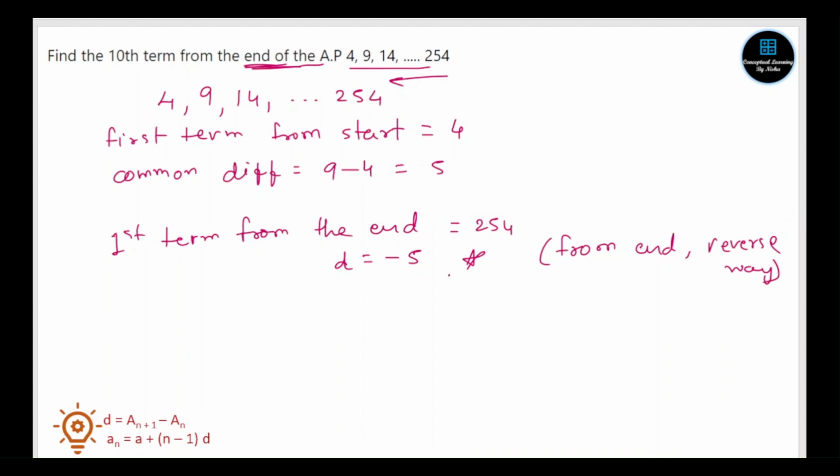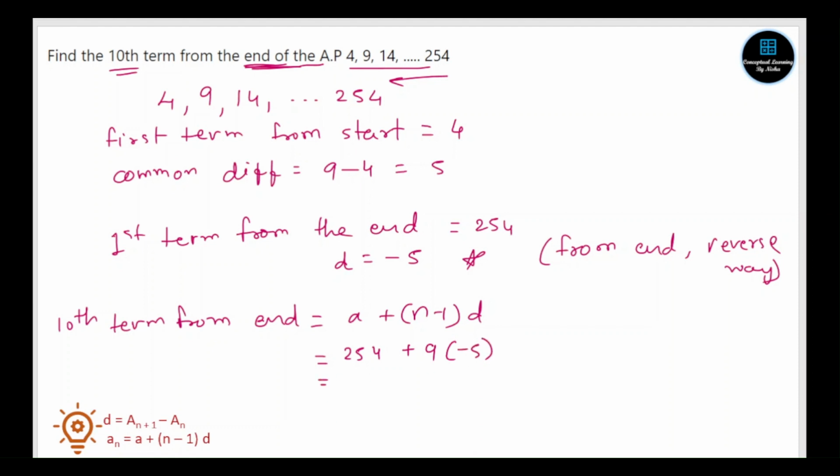Alright, remember this. So I got the first term and I got the common difference, so I can find the 10th term from the end. The 10th term from the end equals, I'll apply the general formula, a plus n minus 1 d, and here a is 254 plus 10 minus 1, so 9 times minus 5.